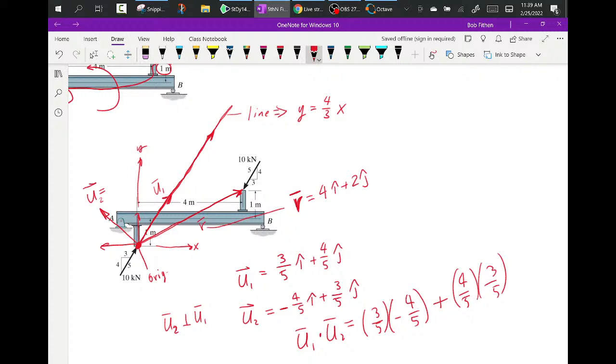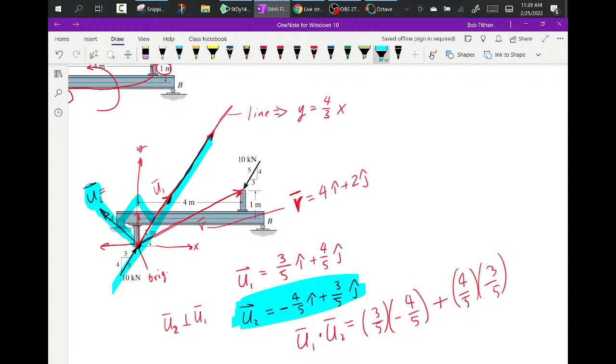So in fact, my goal here was to find a vector that was perpendicular to this line. In fact, 90 degrees to that line.